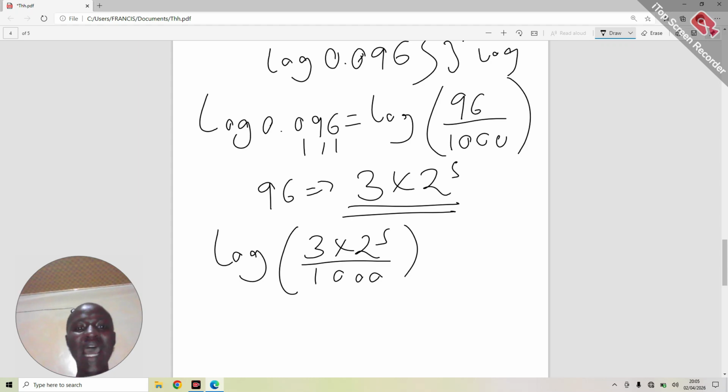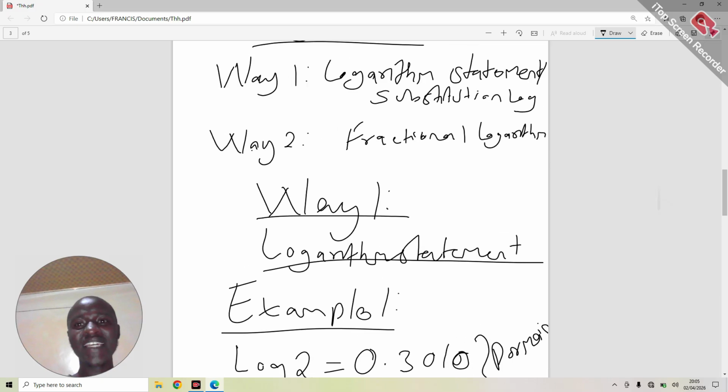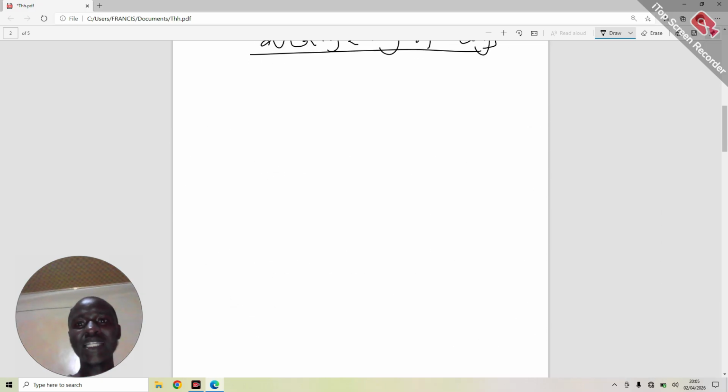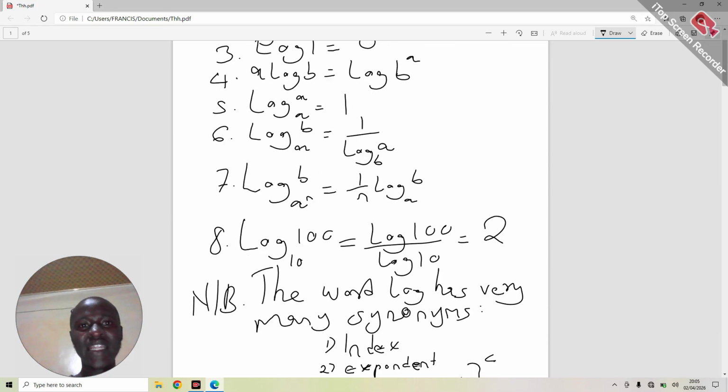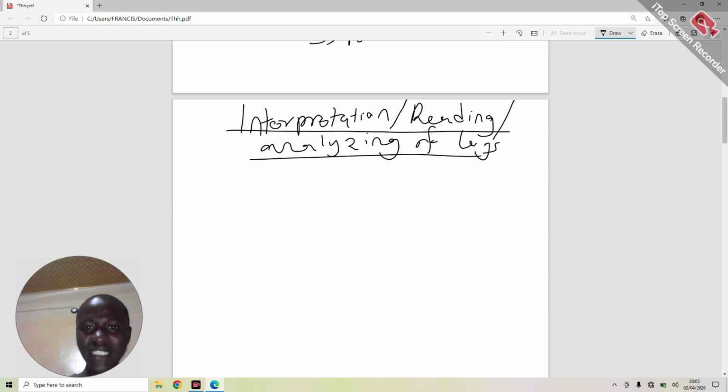If I take you back to the laws of indices, you will realize log A minus log B equal to log of A over B. And what do we have down here?